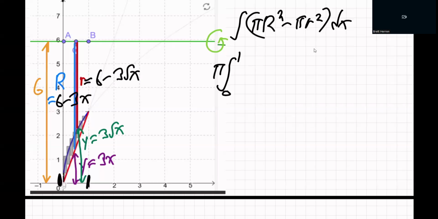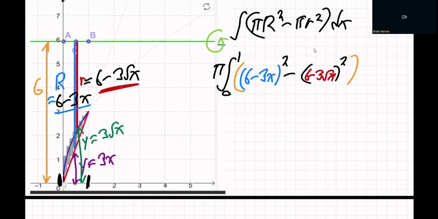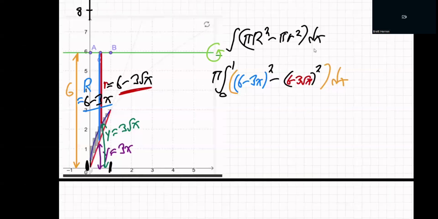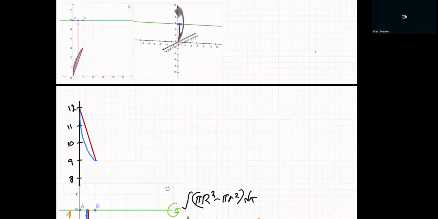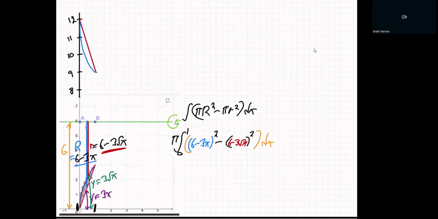And the capital R, we know, is right here, 6 minus 3x, squared, minus, and then the little r is right here, 6 minus 3 root x, whole thing squared, dx. There we go. That'll give us the volume, and that's exactly what they got. And so there we go.